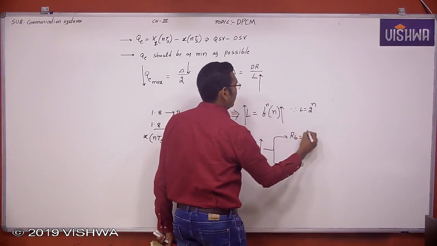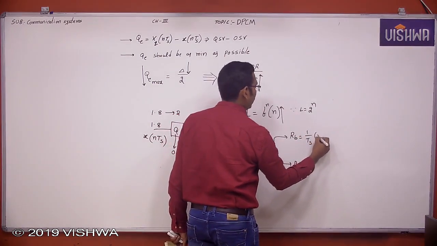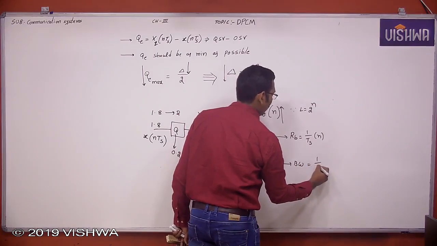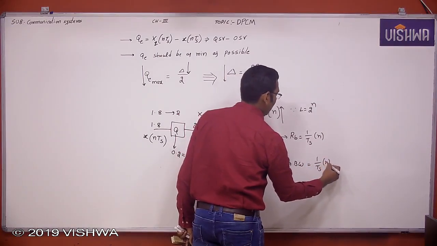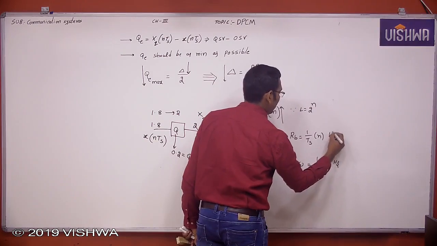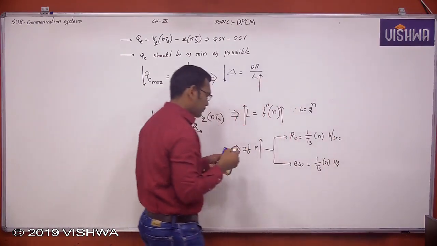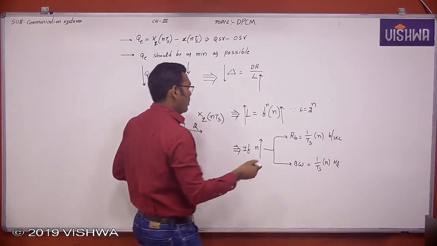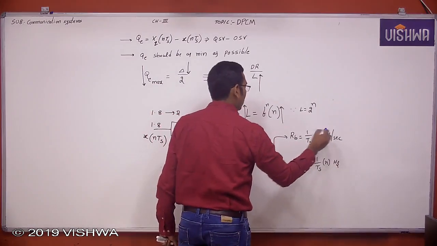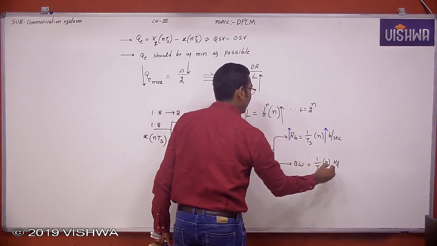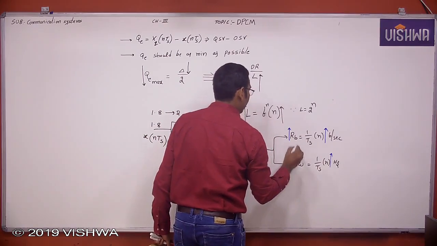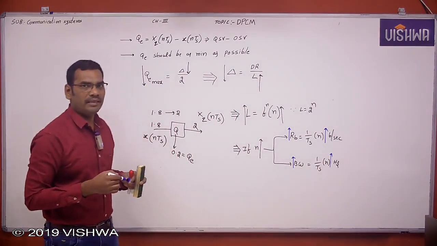What is the bit rate? 1 by Ts into n bits per second. What is the bandwidth? 1 by Ts into n hertz. So what is the meaning of that? While n is increasing, the bit rate is increasing, and the bandwidth is increasing. So it is not a good method.